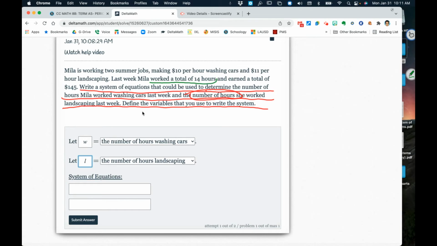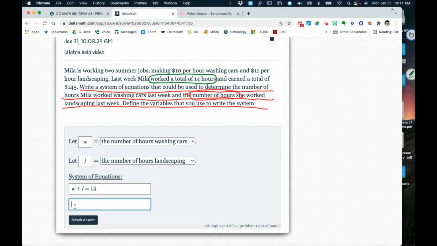Remember how we totaled things up? We would do W plus L equals 14. That's one equation. That deals with the number of hours. The second equation has to deal with those dollar amounts.